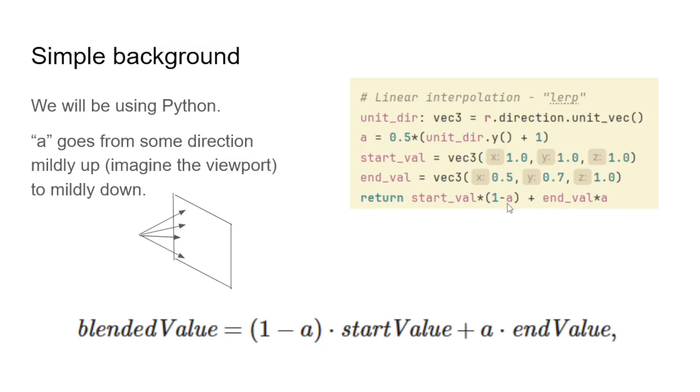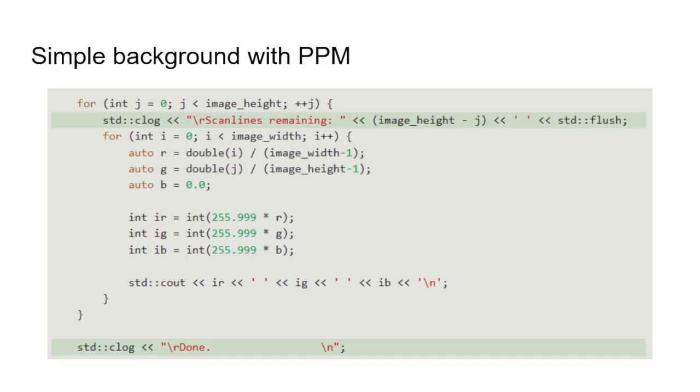We plug the a into it, and it just returns some color, in the form of a vector with 3 dimensions. This is a function that's going to be put in here later on, and we're going to use that vector and just print it out here into our ppm file.